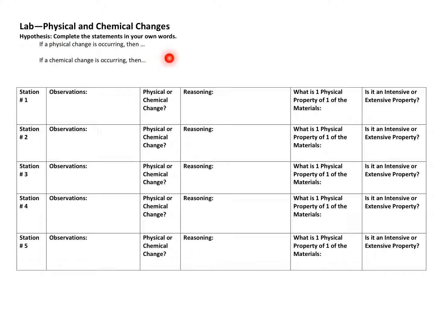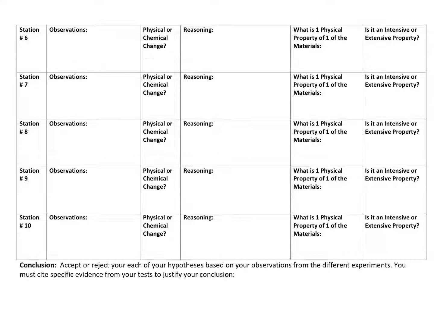If you have not done so already, you should have completed these hypotheses above. If a physical change is occurring, then. If a chemical change is occurring, then. Give several examples of how you would understand whether it was physical or chemical. If you have not done your conclusion so far, you should be able to do your conclusion now. Make sure you cite your scientific reasoning and what you have learned from this lab.